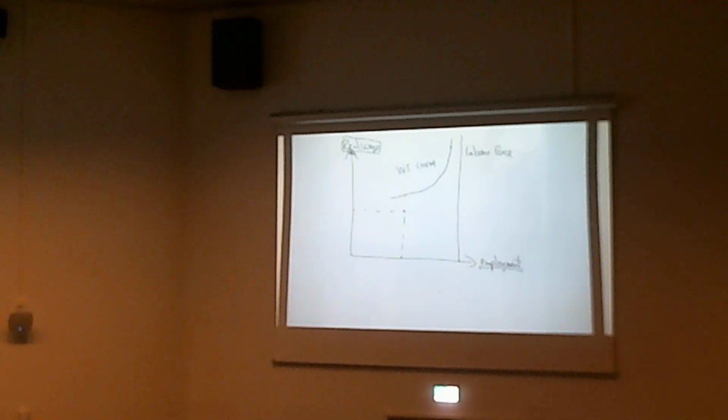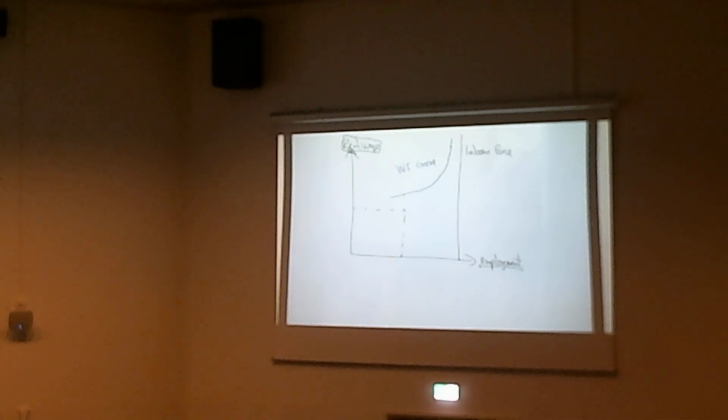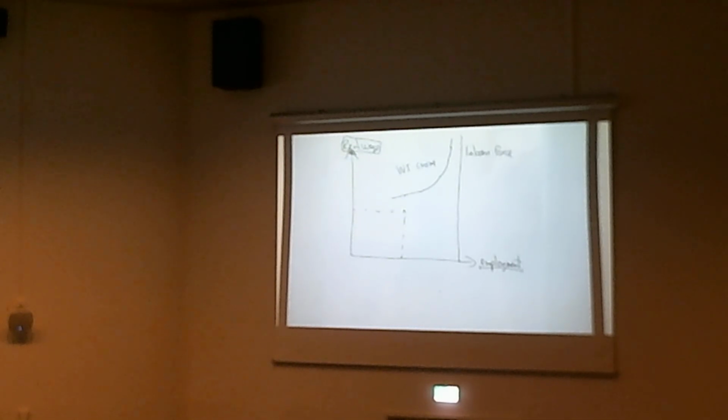If the value of the job goes down, then you have to pay them more. So what could be reasons for the value of the job going down? Take a minute to think it over. What could be reasons?